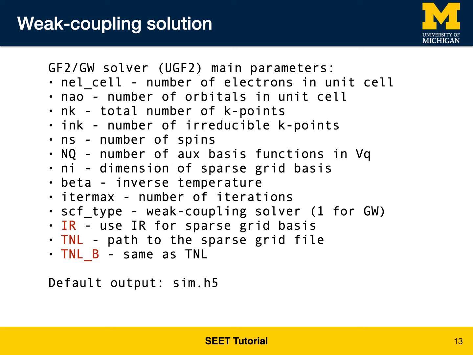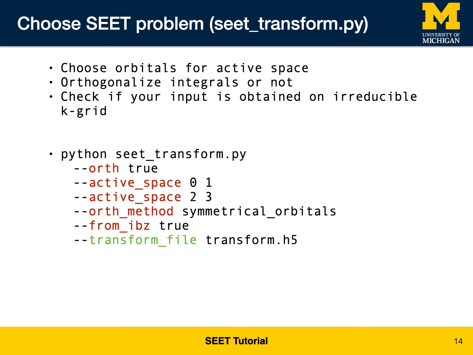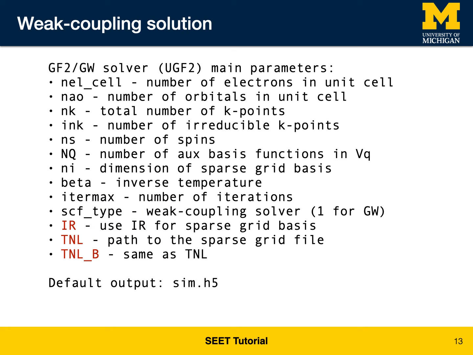Then there is NQ, which is the number of auxiliary basis functions in your Coulomb integrals. So we store Coulomb integrals in a 3-index tensor, and basically the first two indices are your orbital indices, and the last index is your auxiliary basis function.